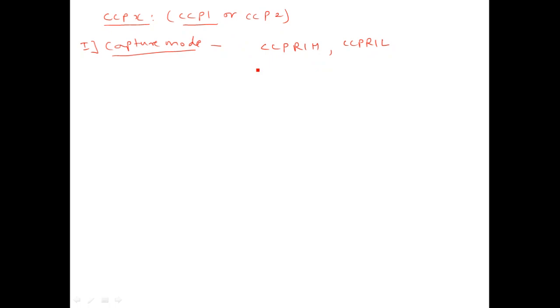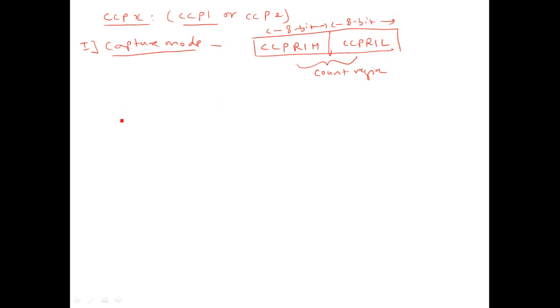Suppose we discuss it for CCP1; the same thing is applicable to CCP2 also. There are two 8-bit registers like this, which can be called the count registers. Each module contains these two count registers, each register is 8-bit, so 16-bit in total.